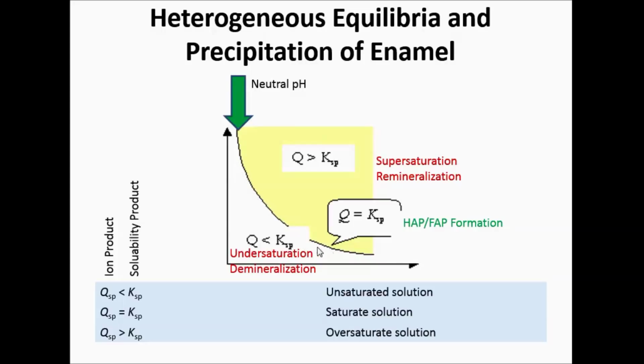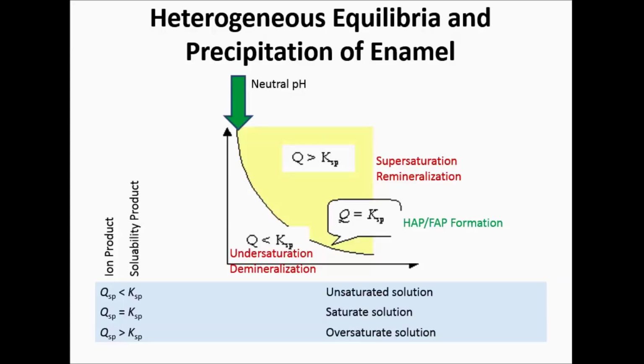When there are a greater number of ions in solution than the ions that are needed for the crystal to form, under neutral pH, the oral fluid will become supersaturated, and remineralization may take place, especially under more acidic conditions when more ions are available.